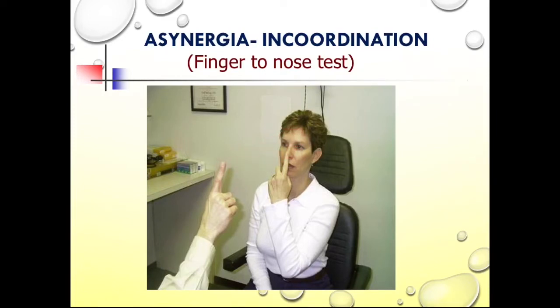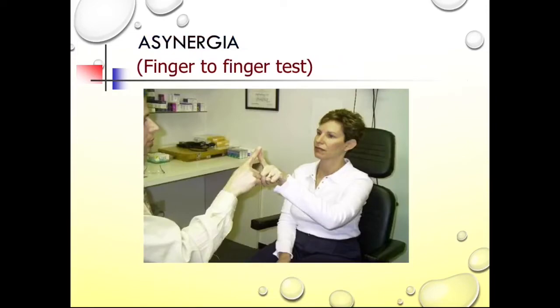Either the finger-nose test or the finger-to-finger test, like touch my finger and then your finger, or the other arm. That is called asynergia, meaning incoordination. That won't be synergy. Second is the heel-shin test for the lower limb.